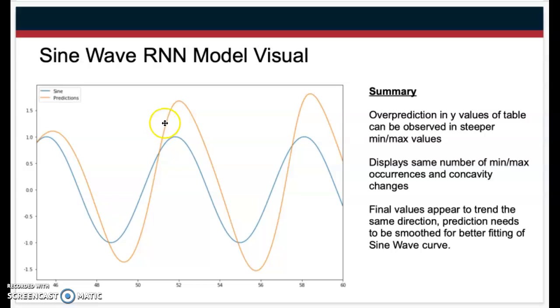We overestimated at the maxes and underestimated at the minimums, but we can see that it does change concavity around the same time that the actual sine wave changes concavity for each turn and each curve, which is pretty unique over the domain 0 to 60.